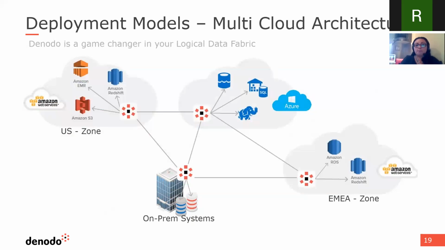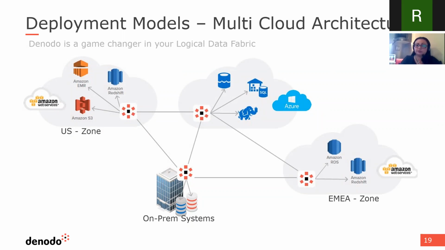It's about a multi-cloud environment. So in this picture, you can have your Denodo connecting to any data. You can have a single Denodo instance connecting to your on-prem systems, your cloud systems, anywhere in the world.